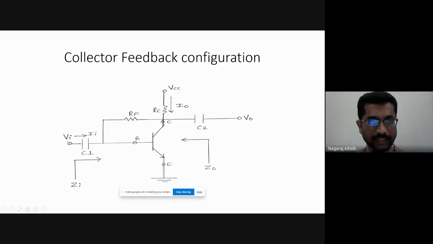The input current is II, input voltage is VI, the coupling capacitor at the input is C1, the coupling capacitor at the output is C2, input impedance is ZI, output impedance is Z0, and output voltage is V0. This is the collector feedback configuration. We have already studied its DC analysis in module 1.